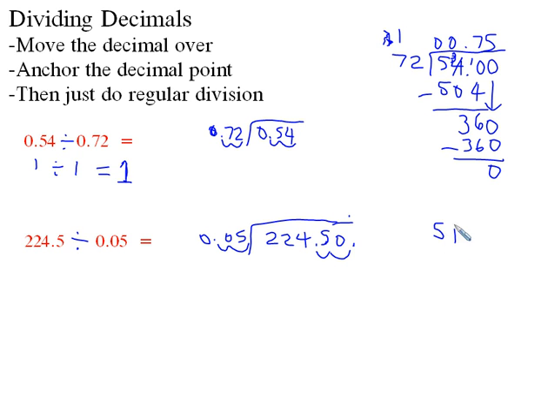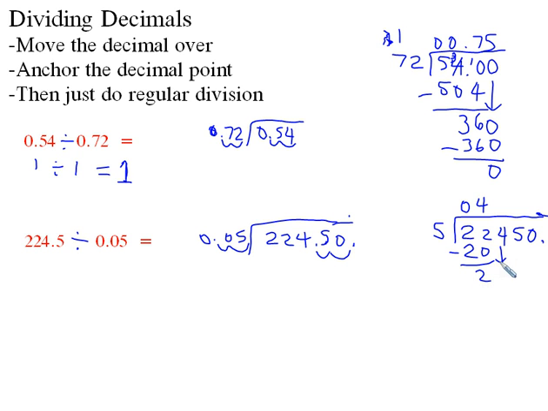5. How many times does 5 go into 2, 2, 4, 5, 0? Remember the decimal point is there, so I can put that right up there. So how many times does 5 go into 2? 0. How many times does 5 go into 22? Goes in 4 times, because 4 times 5 is going to be 20.